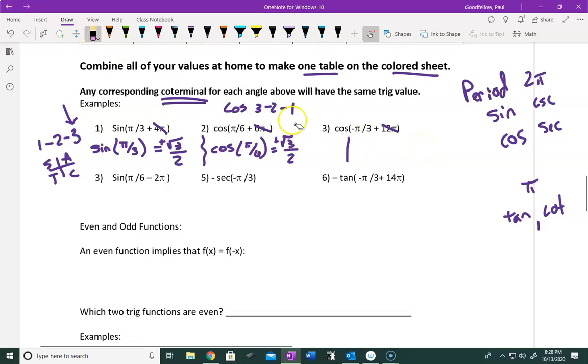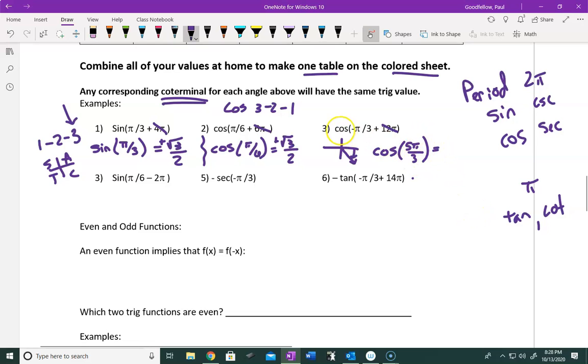Here's where we start seeing some of these negatives that are actually going to be applied here. And you're going to have to basically think about what negative pi over 3 really means. Well, that's going to be drawn down here. And a better answer for it in that location would not be pi over 3, but it would be 5 pi over 3 is that location.